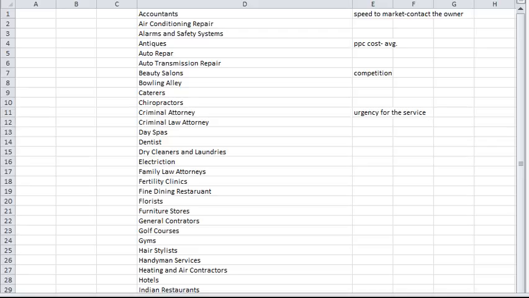And of course, the competition, you have to type in your niche into Google. You've got to see who's doing pay-per-click and who isn't.